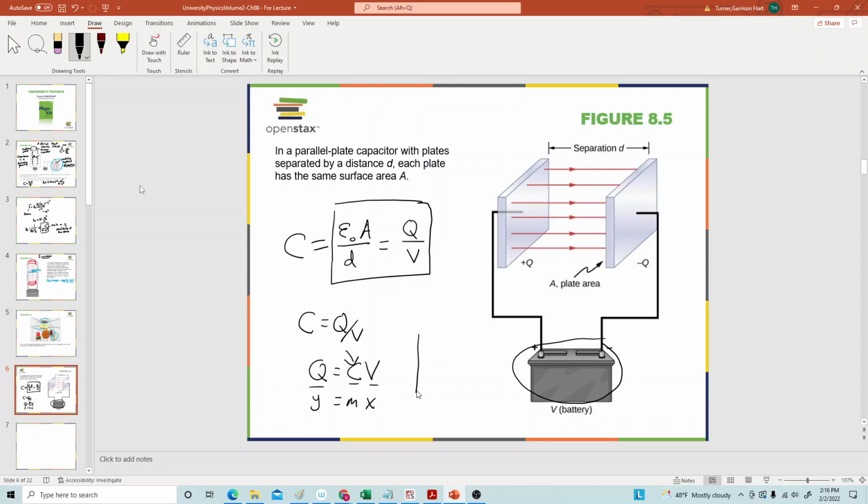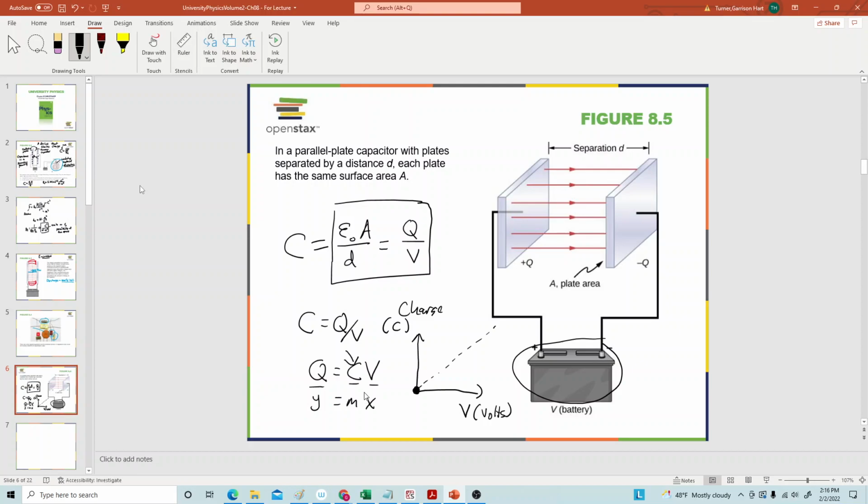So if I make a plot of my voltage in volts and a plot of my charge in coulombs, this should be a linear line. Okay? And by definition, this doesn't have an intercept, so it should always start at 0.